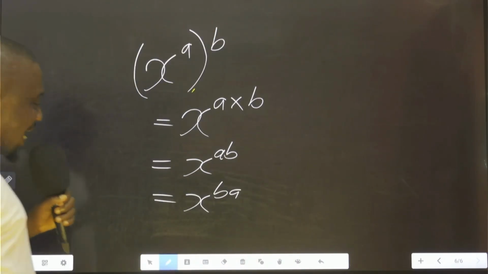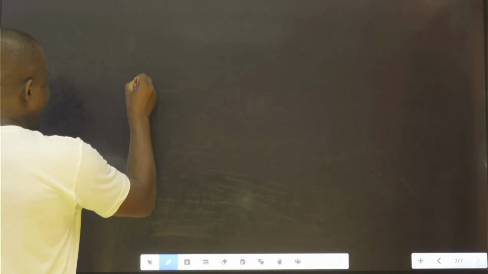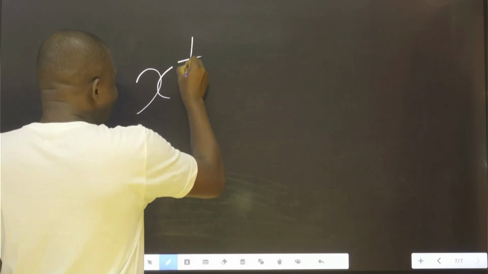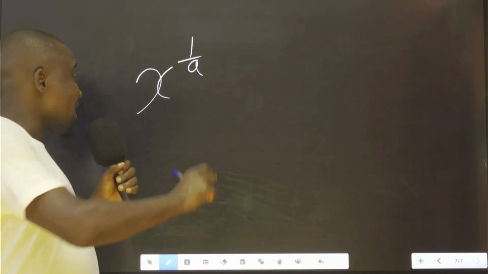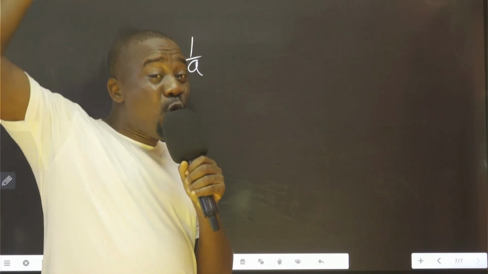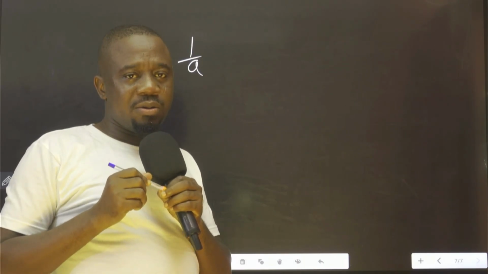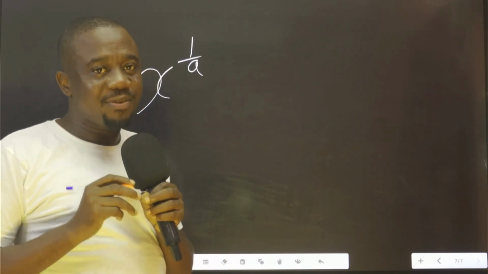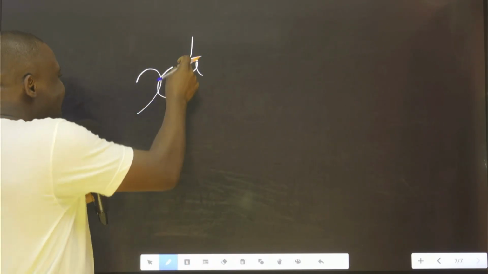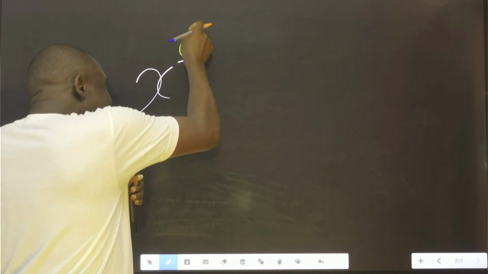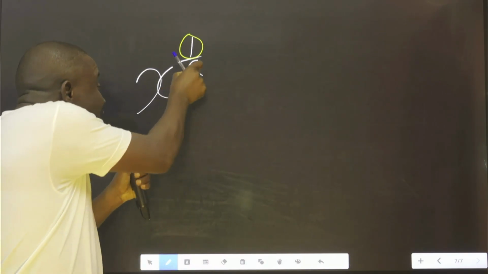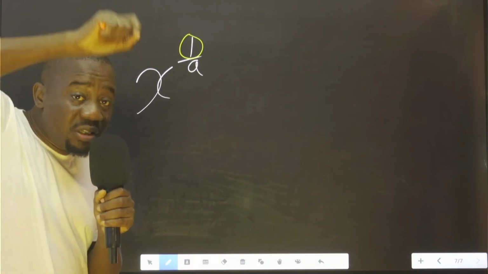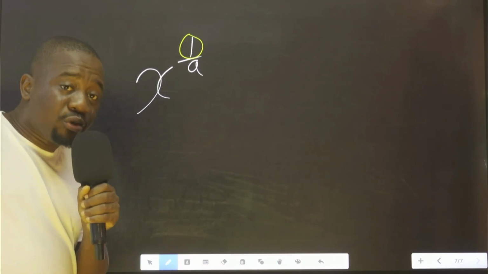Another law says x raised to power 1 over a. For instance, how do you express this? When you see something is carrying 1 over, what is the meaning of that? What it means is, the numerator is for the power, while the denominator is for the root. Could be square root, fourth root, third root, whatever.